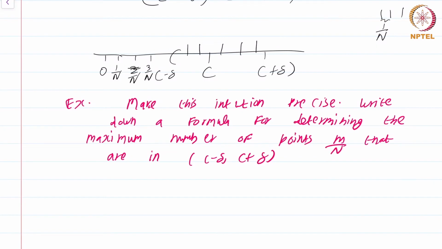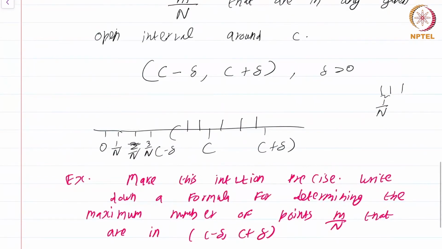Okay, regardless of whether you are convinced by this ruler argument or if you want to make this precise, it's up to you. Regardless, I'm going to take it that you understand that in this interval (C minus delta, C plus delta), there are only finitely many rationals M by capital N. What does this show?